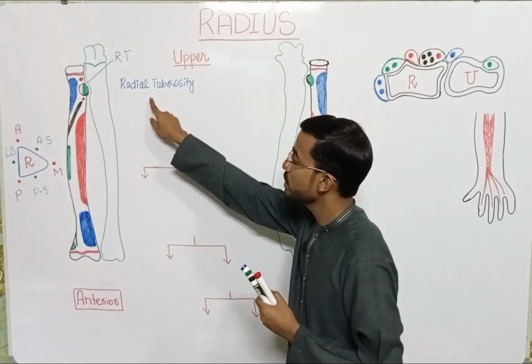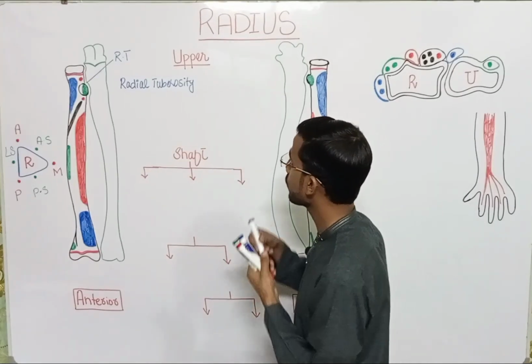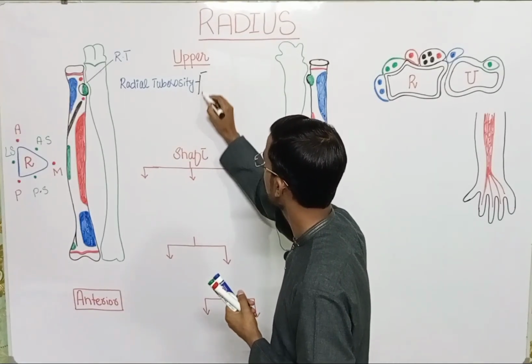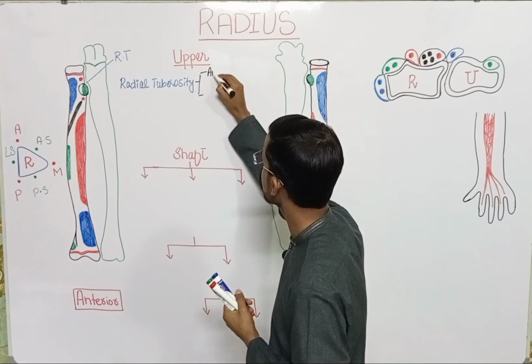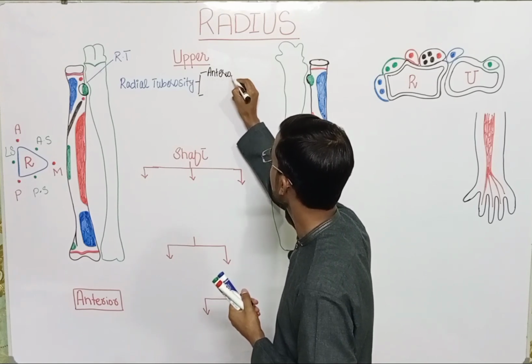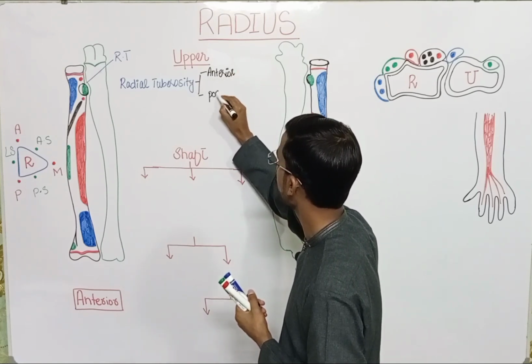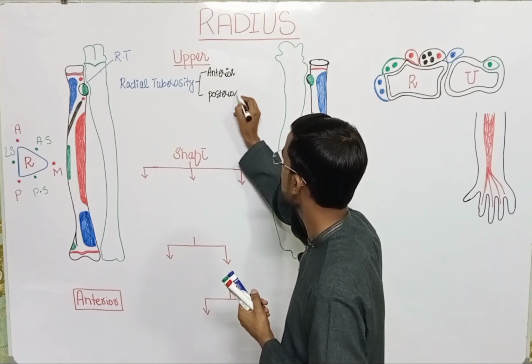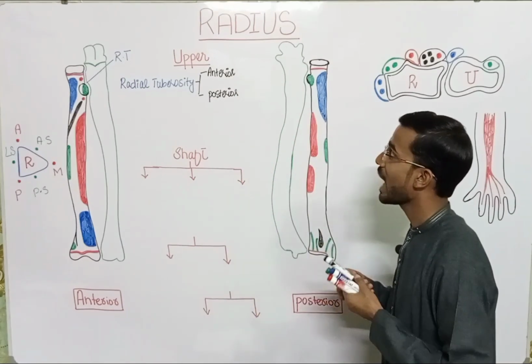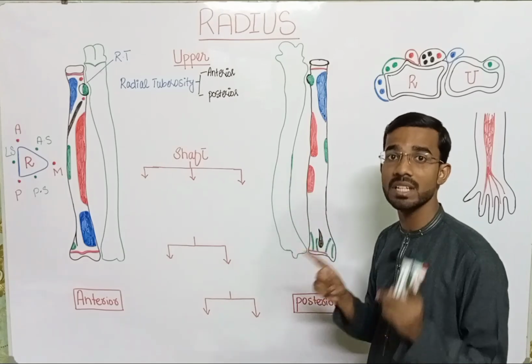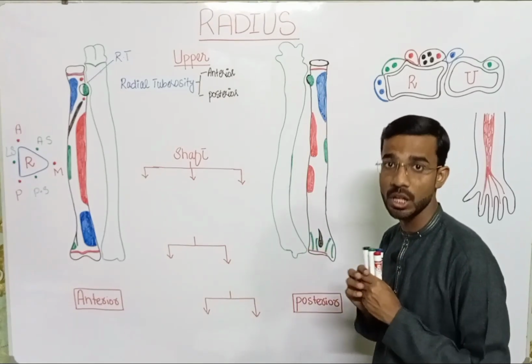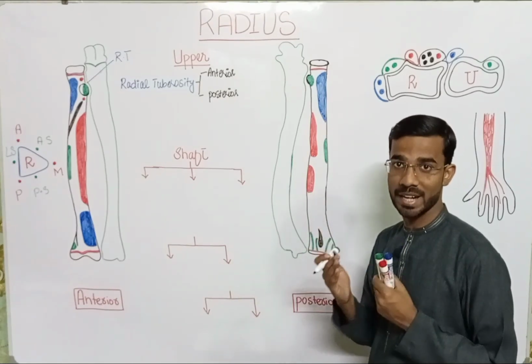And you see that the radial tuberosity has two surfaces: the anterior side and the posterior side.